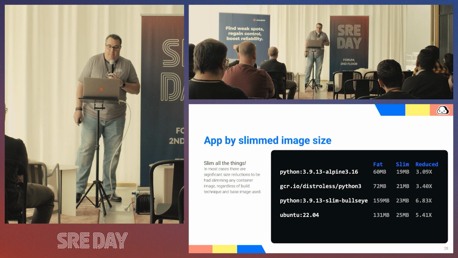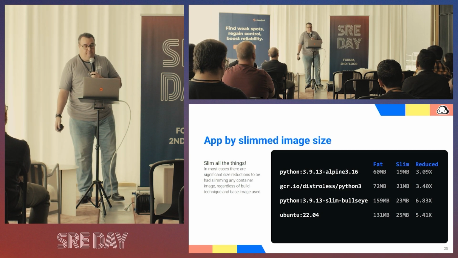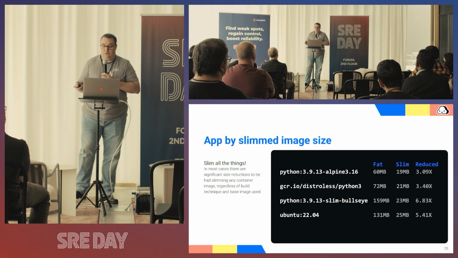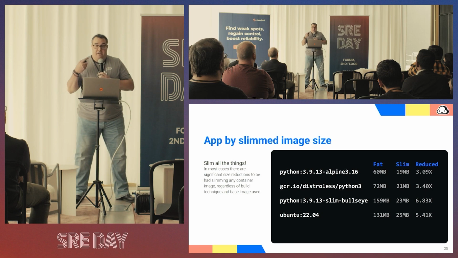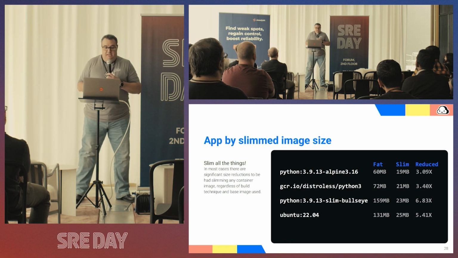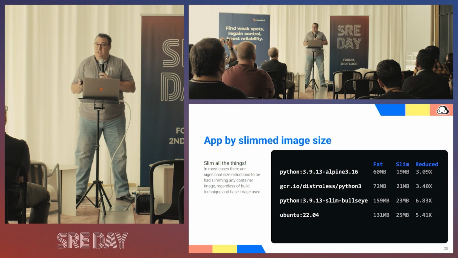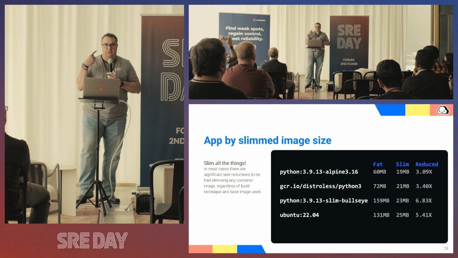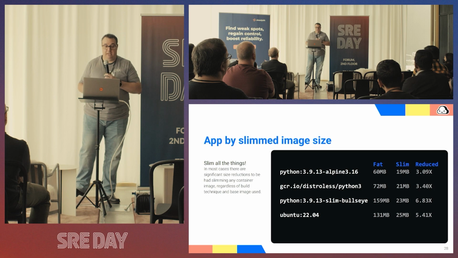So in most cases, there are significant reductions to be had slimming any container image, regardless of the build technique or base images used. In our examples here, we see between 3 and 7 times. Yes, that's close enough, 6.8, that'll do. Which is quite modest, actually, because we gave us our best starting point by following best practice up front.